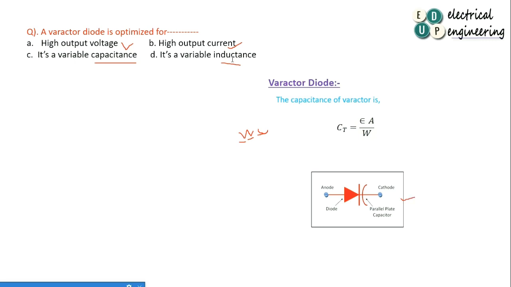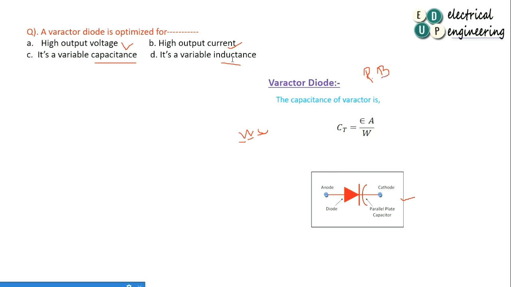This is the anode, this is the cathode, this is a parallel plate capacitor, and this is the diode. The varactor diode is used for storing the charges, not flowing the charges, and the mode of operation of the varactor depends upon the capacitance which exists in the PN junction when the element is reverse biased. So the varactor diode operates in reverse biased condition.